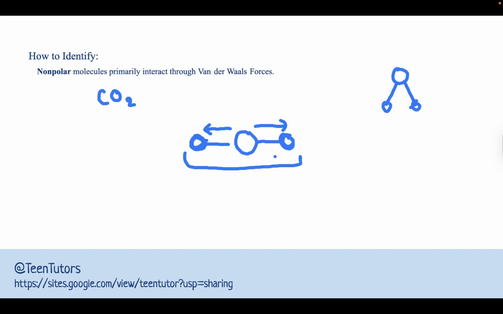Instead of bent, it's linear because it's being stretched, it's being pulled, because there are 2 electronegative atoms on both sides of carbon. Now, if we were to split this in half, it would be symmetrical. If you were to split this in half and fold it like paper, it would be the same on both sides, making this non-polar. So CO2 is non-polar.